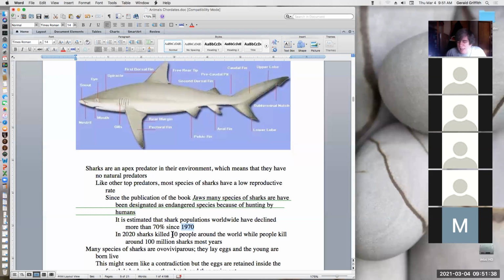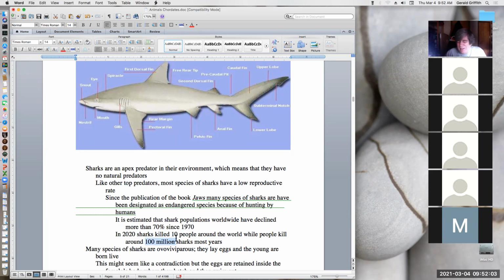If we just look at last year, sharks killed 10 people around the world. It's estimated that sharks may have killed about 15 people, but some of the shark attacks, because of where they occur, aren't reported. Nobody knows that it was a shark attack. And there were a lot of people killed in 2020. This is more people than are killed by shark attacks most years.